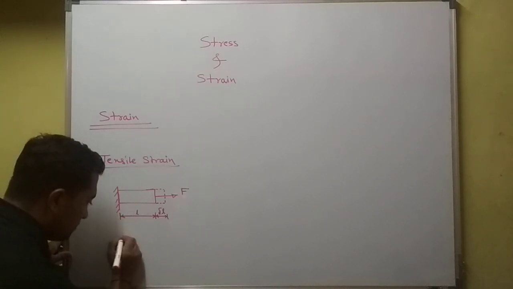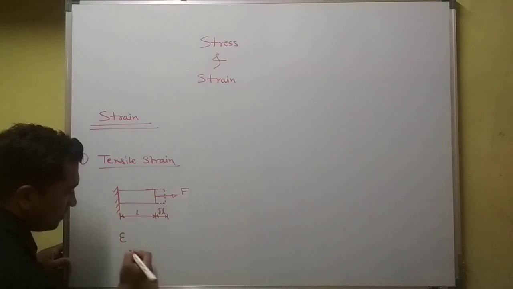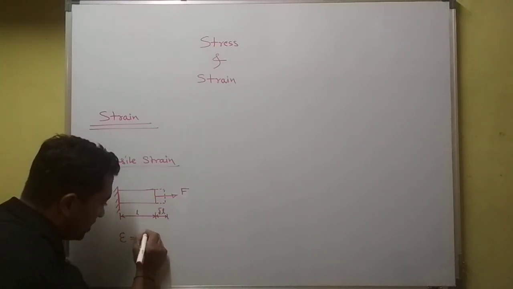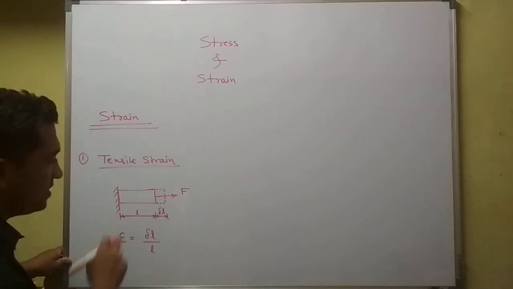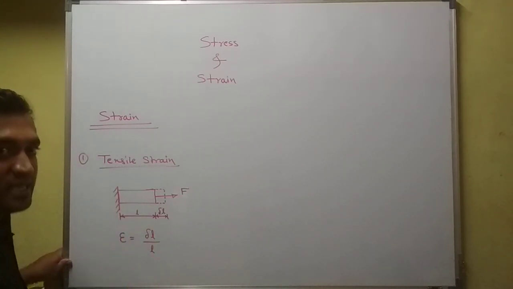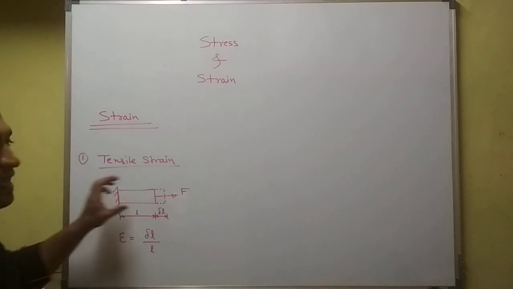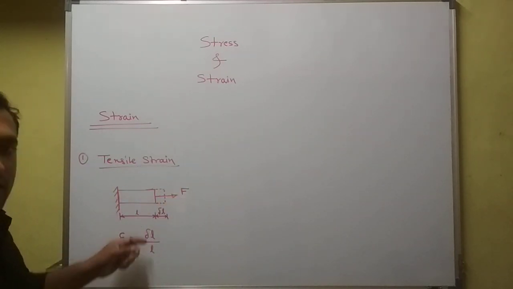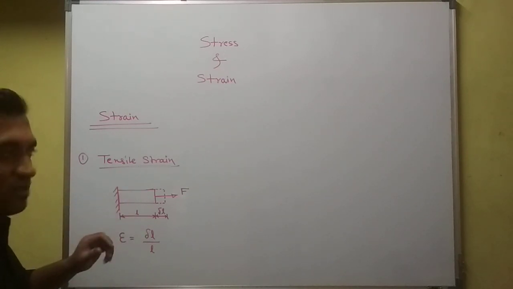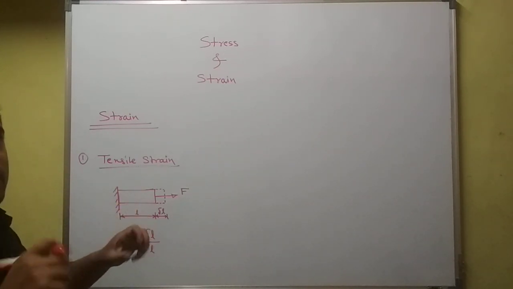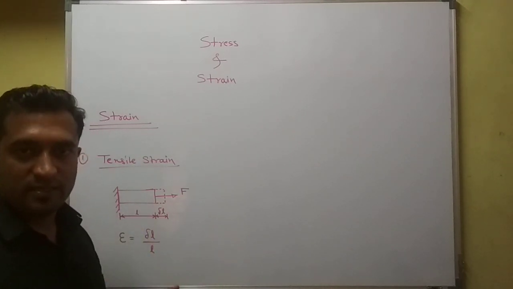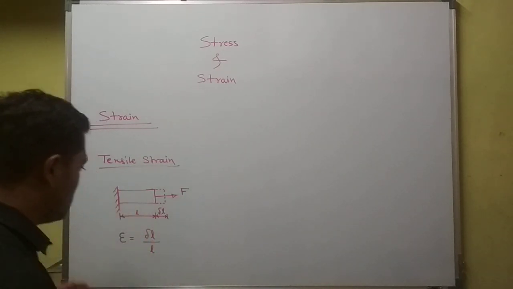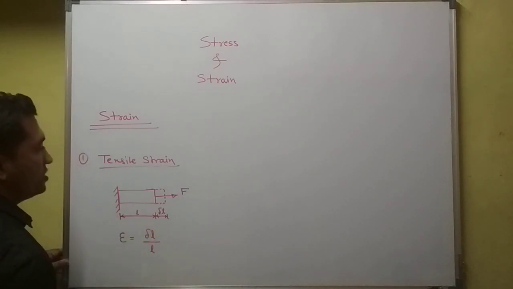Strain is the change in length, delta L, to the original length. In tensile strain, it is the increase in length to the original length. Why is it an increase in length? Whenever you pull any body, whenever you apply a tensile load, the length of the body will obviously increase. It will not decrease. So it is the increase in length to the original length.